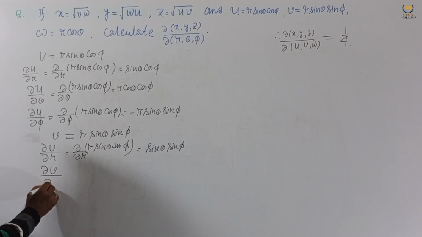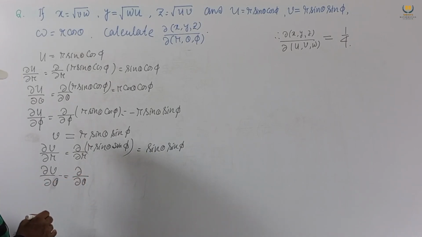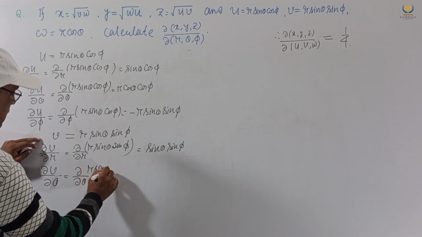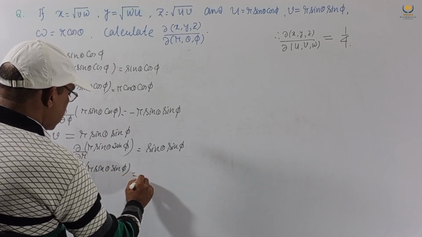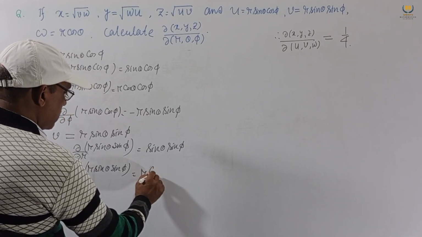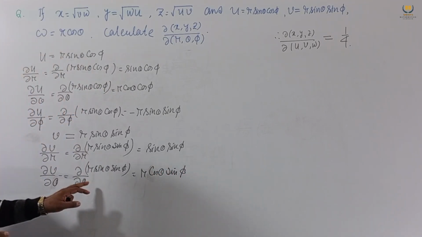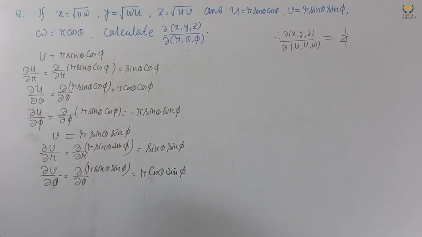Del v by del theta equals del by del theta of v, which means r sin theta sin phi, and this is r cos theta sin phi. We differentiate partially with respect to theta, sin theta means cos theta, and others remain the same.